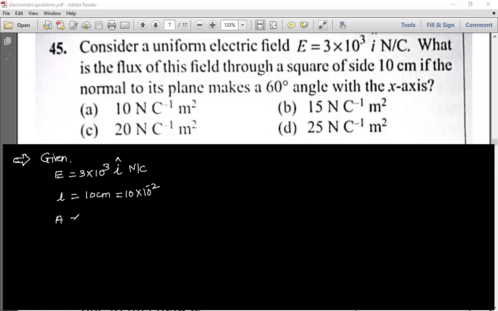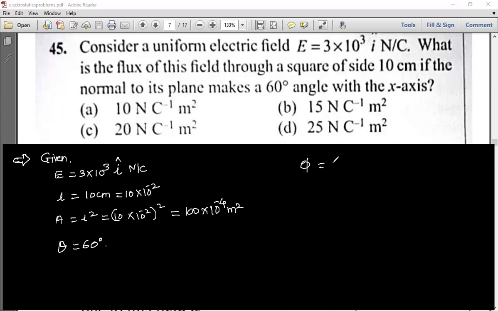And therefore area is equal to L square, which is 10 into 10 to the power minus 2 whole square. How much? 100 into 10 to the power minus 4 meter square. Now, if the normal to its plane makes a 60-degree angle with the x-axis, here theta is how much they have given? 60 degree.